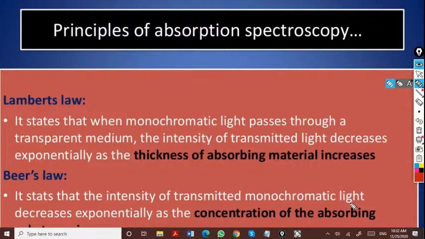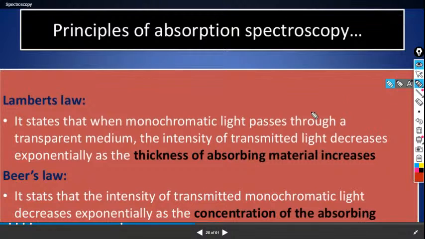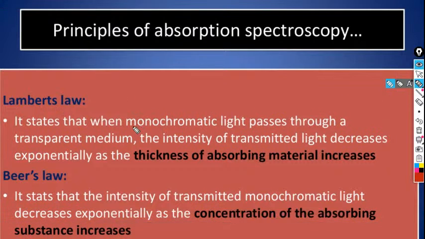Lambert's law is about monochromatic light, where chroma means color: one color, meaning one type of wavelength, a light with a single wavelength, for example IR wavelength, UV wavelength or visible wavelength. When a monochromatic light with a single wavelength passes through a transparent medium.